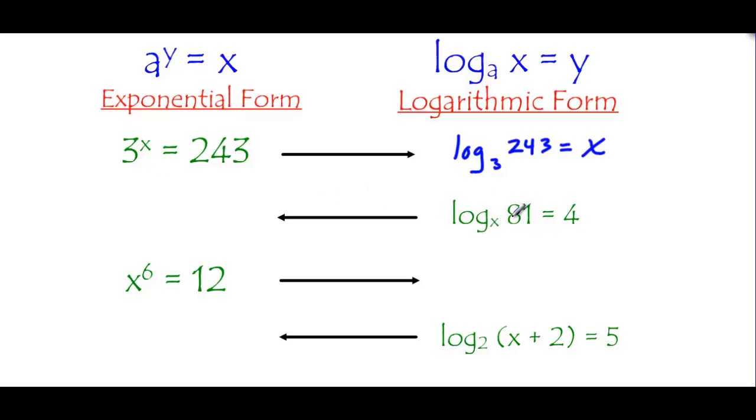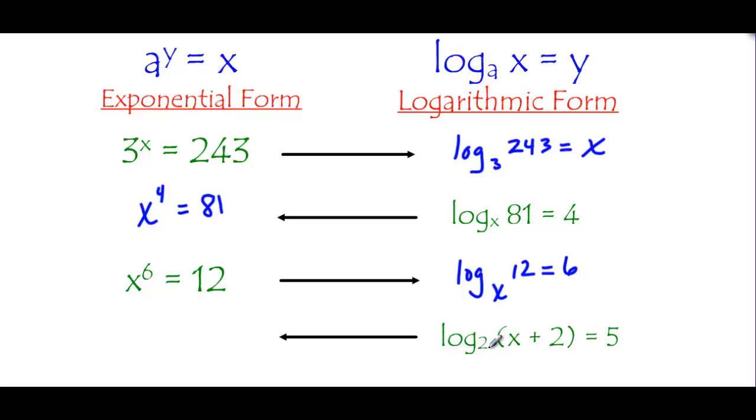How do we work backwards? Log base x of 81 equals 4. Well, you keep the base the same, x, and now it's going to be to the 4th power equals 81. Again, let's go backwards. x to the 6 equals 12 is going to be log base x of 12 equals 6. And our last example, and we can make this look as crazy as we want.